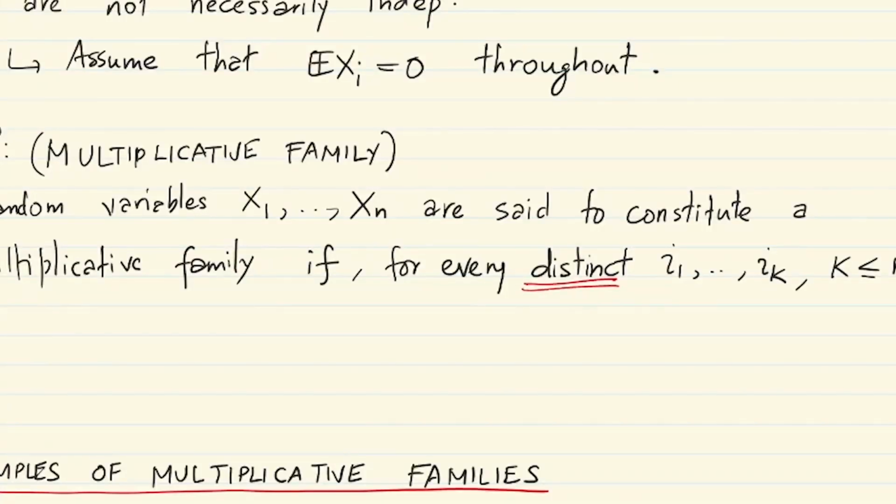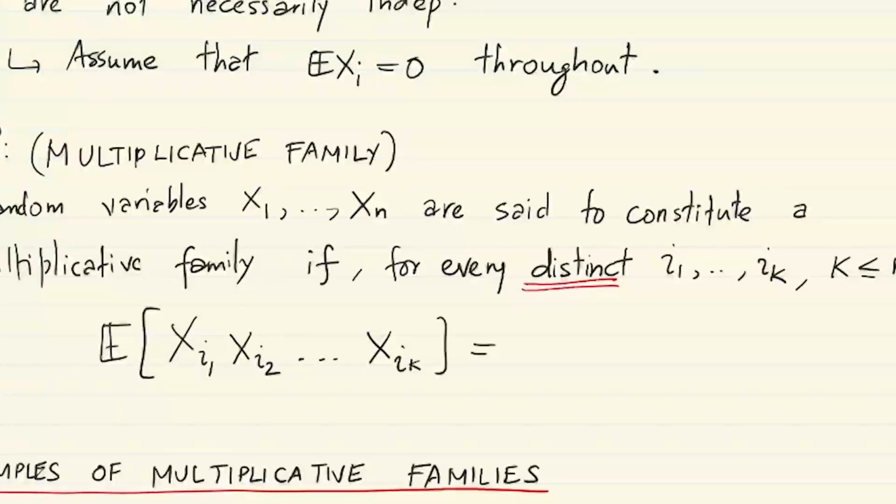So think of a bunch of distinct indices I1 through Ik, each index lying between 1 and n. We have that the expected value of the product of the random variables described by these indices, so X_{i1} times X_{i2} all the way up to X_{ik}, is 0.